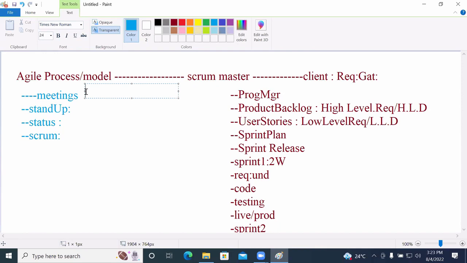Your day will start with the stand-up meeting. In the stand-up meeting, you will have a discussion about the plan for the day.